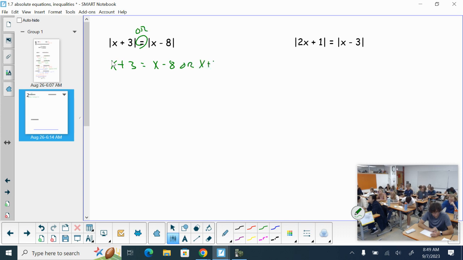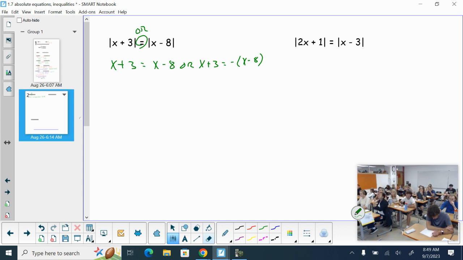So we have our x plus 3 is equal to the negative of x minus 8. If you made this opposite a negative x plus 3, that would be fine. You just need to make one side its opposite. So it gives us two equations once again to solve.